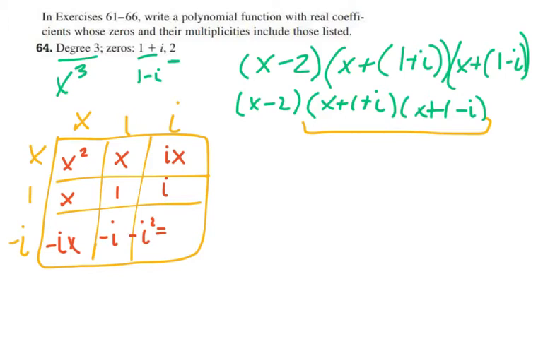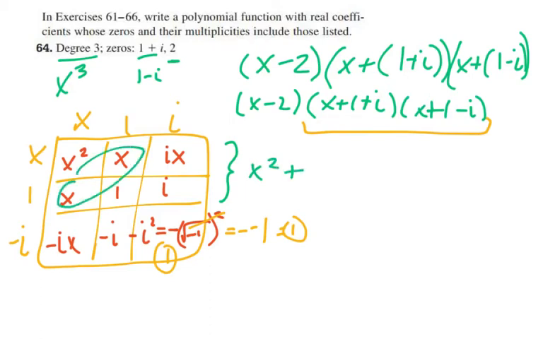And i squared means, oh, negative i squared. So we have a negative, but then the i squared part is the square root of negative 1 and then that quantity squared, which when simplified leaves a negative 1, which is just 1. So very long way of saying that this is a 1 in this square. The other piece that happens when you put all of them together here is that you get an x squared, 2 x's.